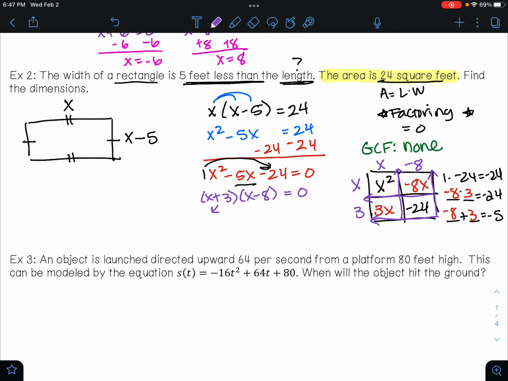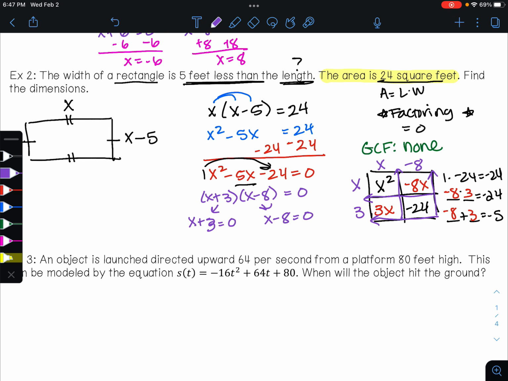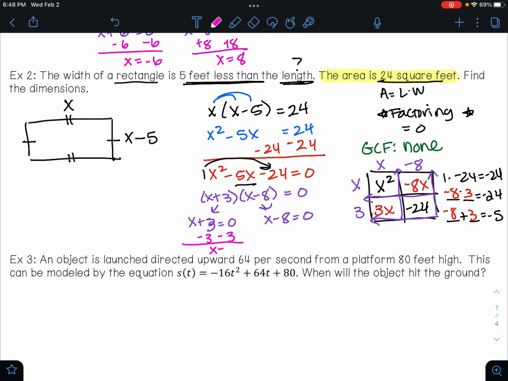So now I can use the principle of zero products to solve. So I'll have x plus 3 is equal to 0 and x minus 8 is equal to 0. So I can just solve each equation. And so to undo addition, I'll do subtraction and get x equals negative 3. To undo subtraction, I'll do addition and get x is equal to 8.